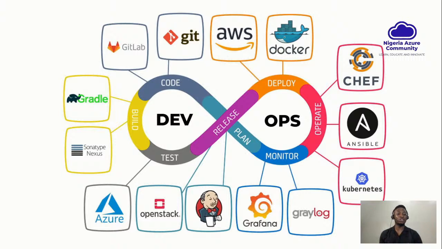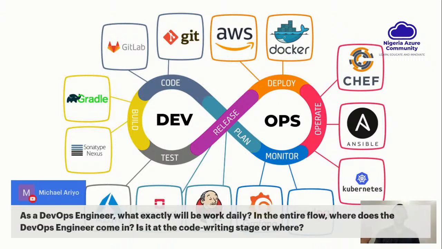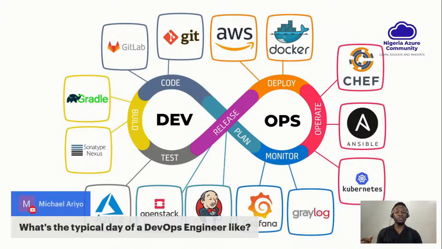But a day in the life of a DevOps engineer begins with reviewing, and usually you start by checking your mails to see what code the developers have written and committed to the repository. So as a DevOps engineer, your work begins when the code has been written.